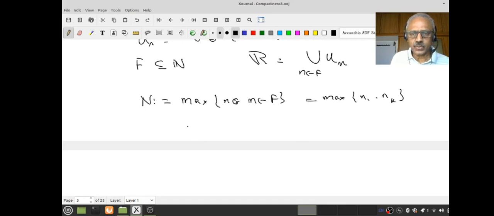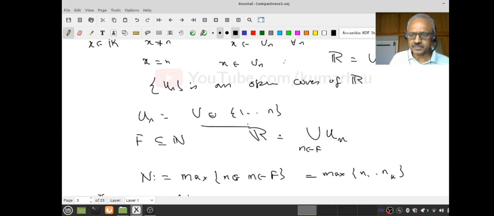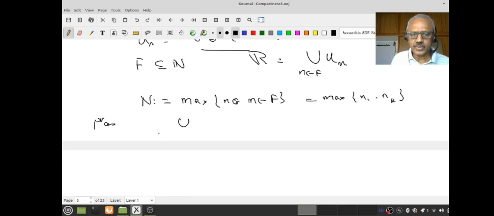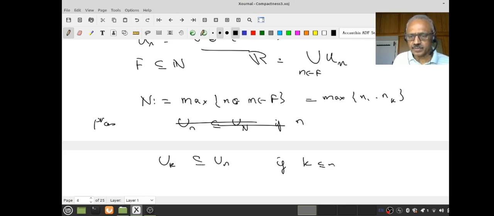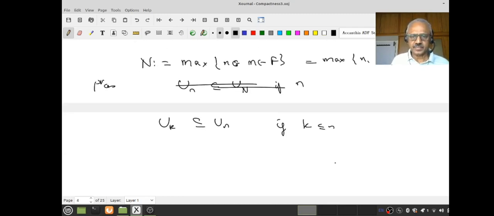Now what do I know? U_k is contained in U_N if k is less than or equal to N, because U_k has apart from U only 1 to k, whereas U_N has apart from 1 to k also k plus 1 up to N, so it has extra.